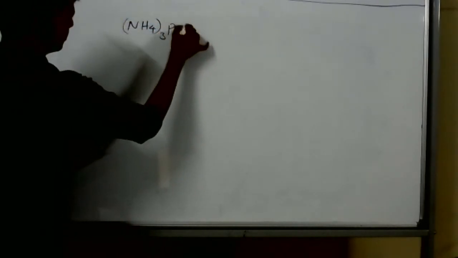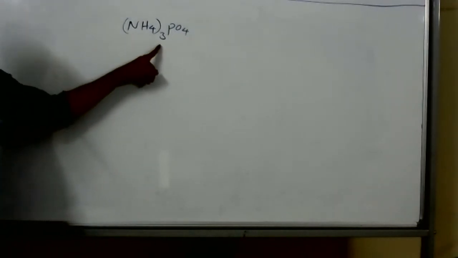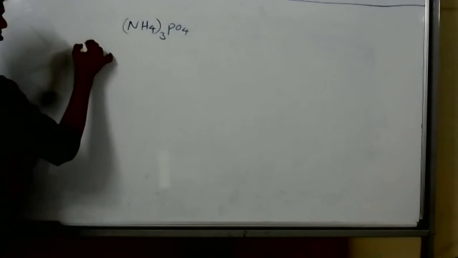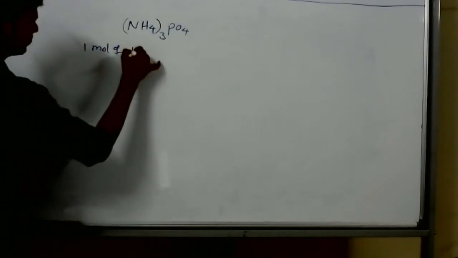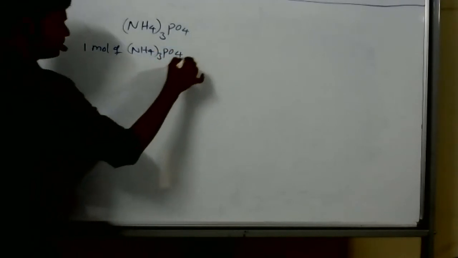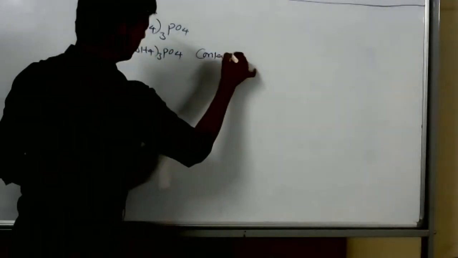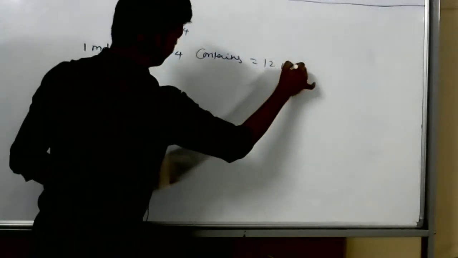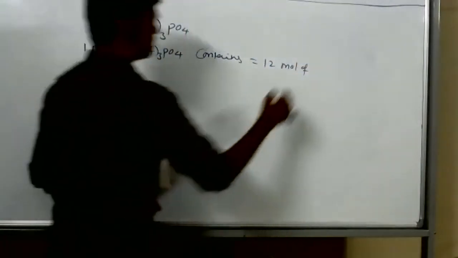Formula is (NH4)3PO4. See, in 1 mole of ammonium phosphate, the number of hydrogens is 12, right? Twelve moles of hydrogen atoms.